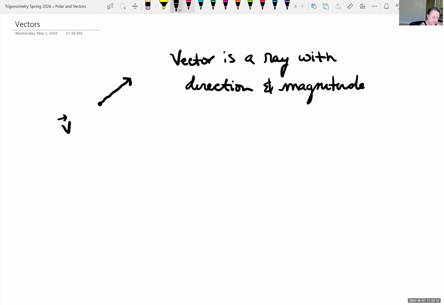Let's say v was equal to w. Then w is going to have to be the same length and direction. It doesn't matter where I put this vector, as long as it's the same length and magnitude. If I move it over, it doesn't matter where I move it. As long as it's the same length and magnitude, they're equivalent vectors.